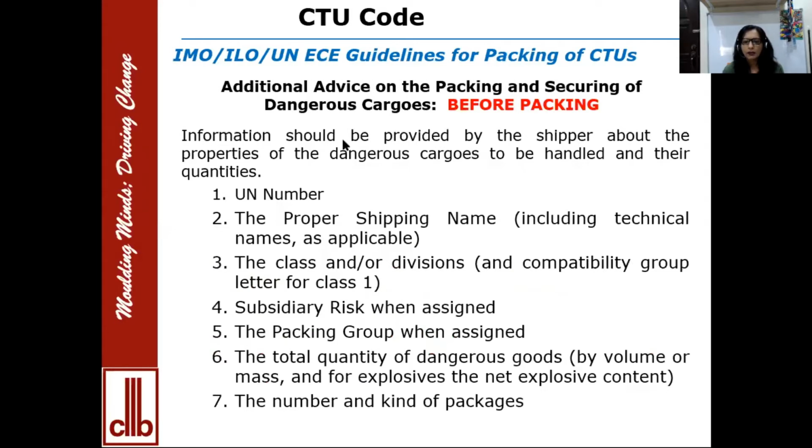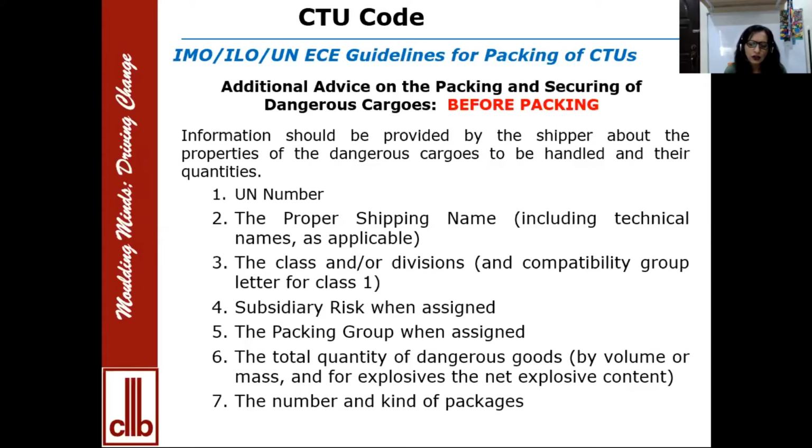And then they talk about before you pack dangerous goods, what information should be provided by the shipper. Now the shipper has to provide the UN, of course, the 5 basic information: the UN, the PSN, the main hazard, the sub hazard if there is, and the packing group.